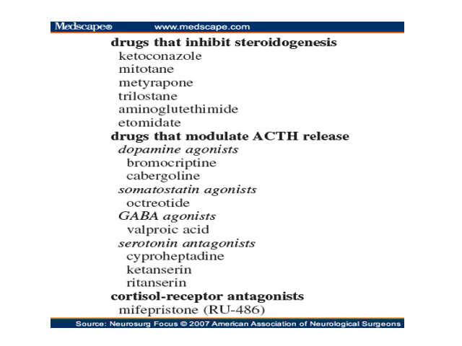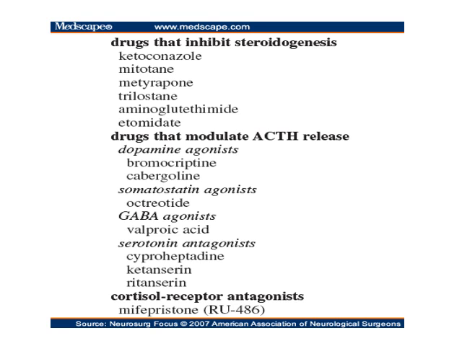Mitotane and metyrapone are expensive medications, not widely available in Egypt, and associated with high rates of side effects. However, they could be resorted to in inoperable cases of Cushing syndrome.